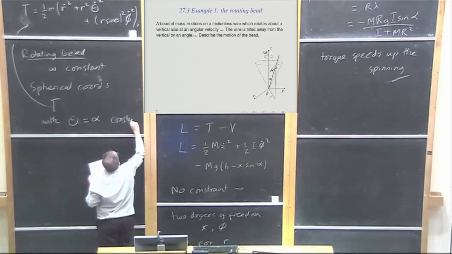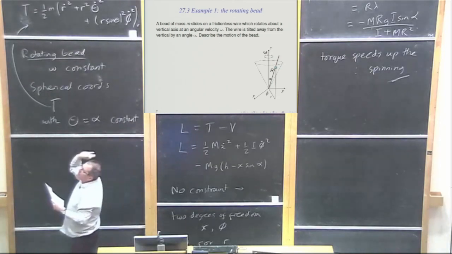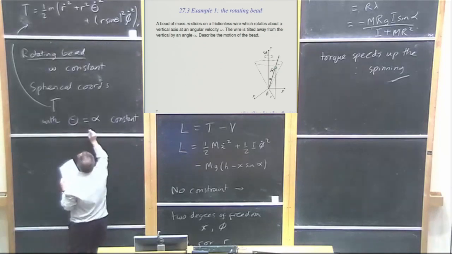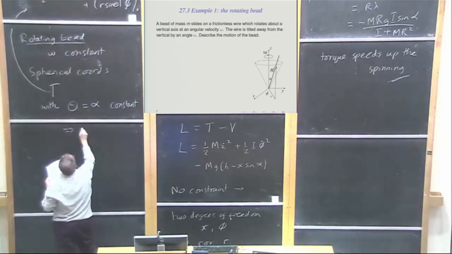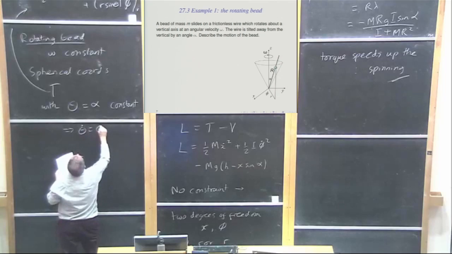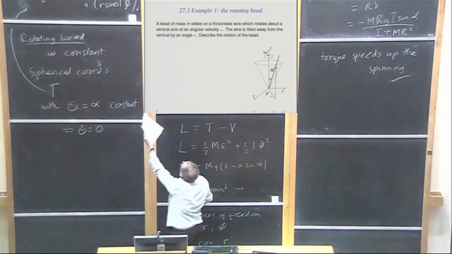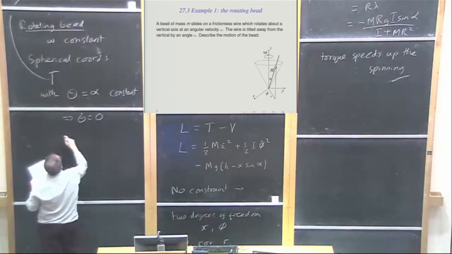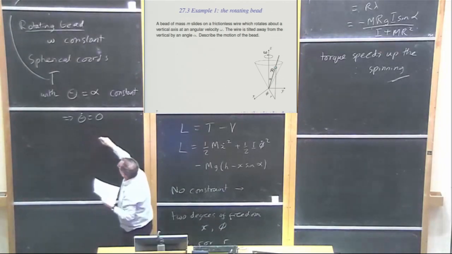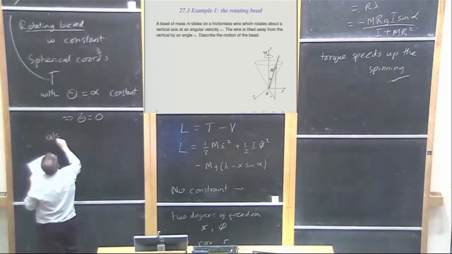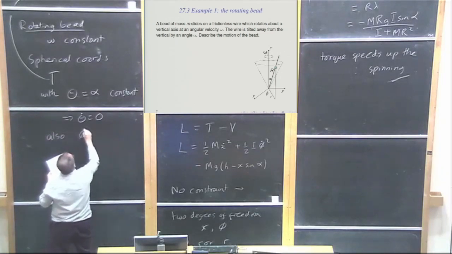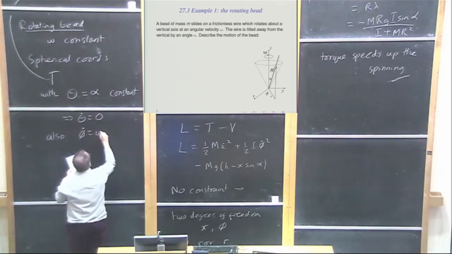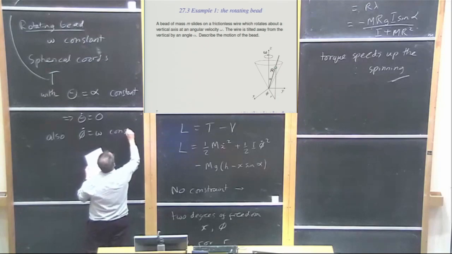We're not allowing the inclination of that wire to move. So this means that theta dot is equal to 0. So that's going to immediately kill one term. Also, we note that phi dot is equal to omega, which is constant.